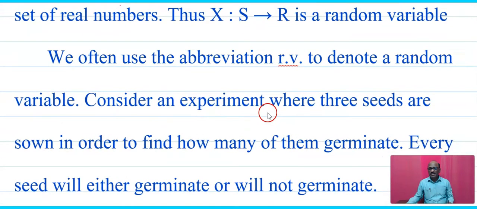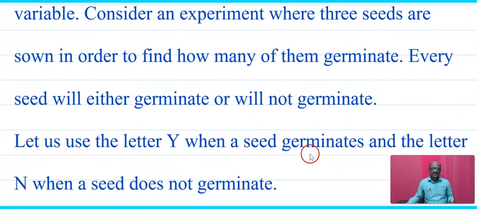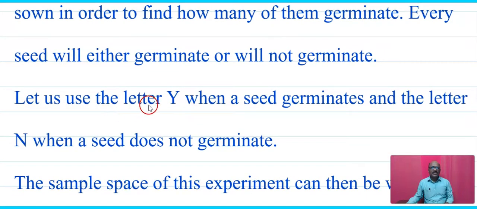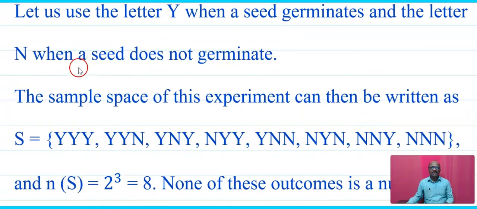Consider an experiment where 3 seeds are sown in order to find how many of them germinate. Every seed will either germinate or will not germinate. Let us use the letter Y when a seed germinates and the letter N when a seed does not germinate.